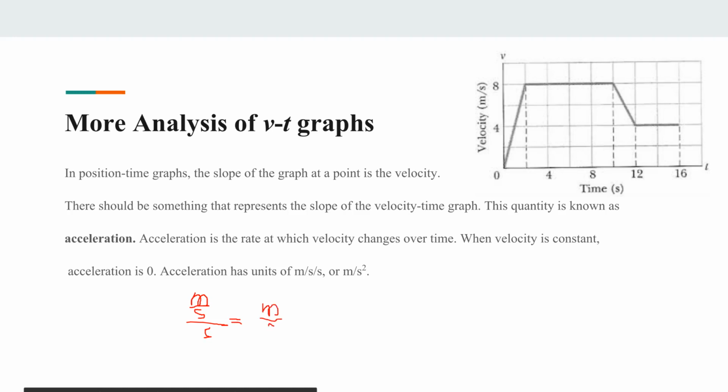So the reciprocal of second is 1 over second. If you multiply these two, you get meters, and second times second is second squared. So that's how we get this notation, and this notation is used more often: meters per second squared. So let's move forward.